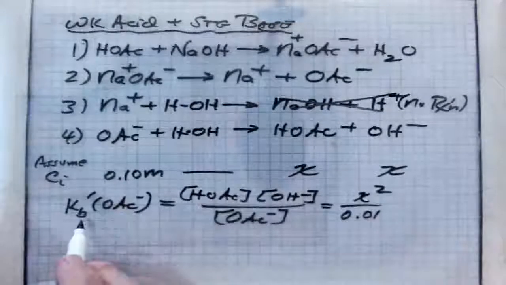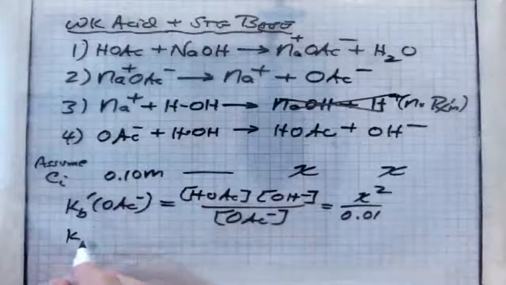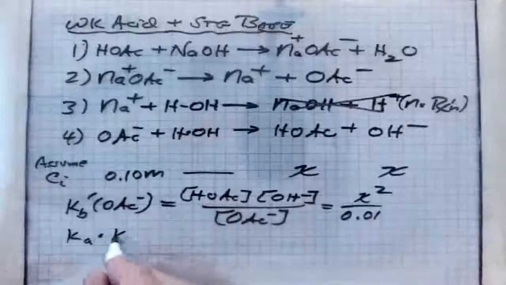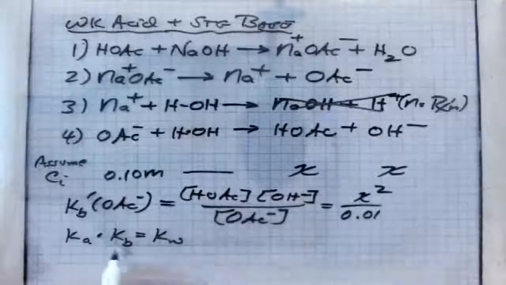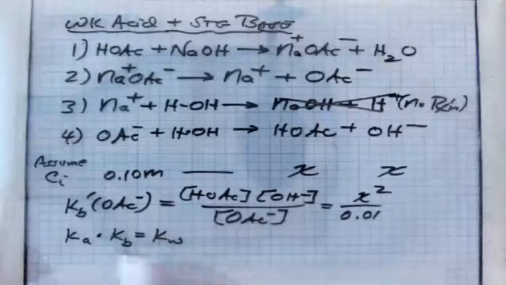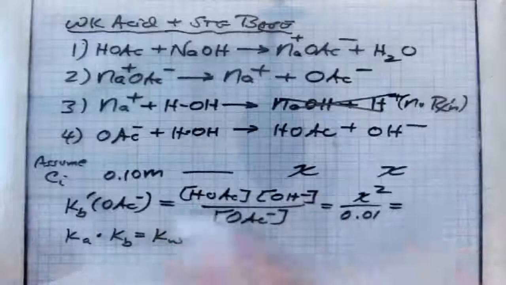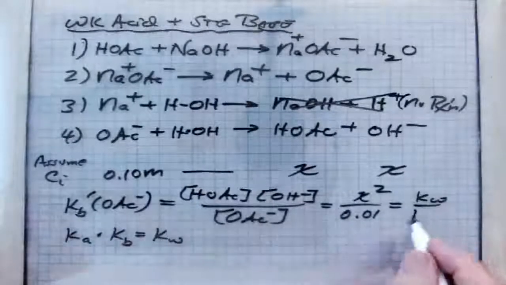So now X is equal to the square root of 1 times 10 to the minus 14 times 0.10 divided by the Ka, 1.85 times 10 to the minus 5, and all that would be in moles per liter.